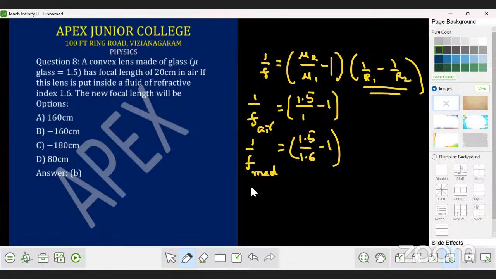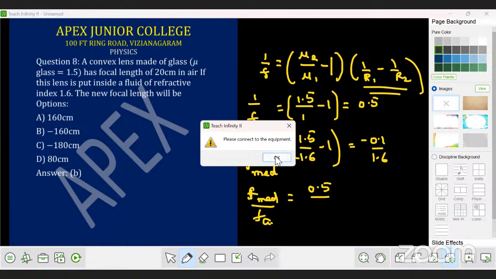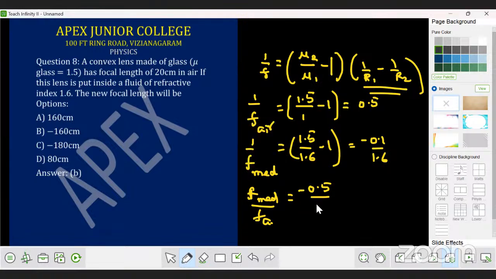By taking the ratio of these two, f medium by f air, upper equation by lower equation. What is this value then? 0.5. What is this value? Minus 0.1 by 1.6. So this will be finally 0.5 by minus 0.1 by 1.6, that can be taken into 1.6. What is finally here?